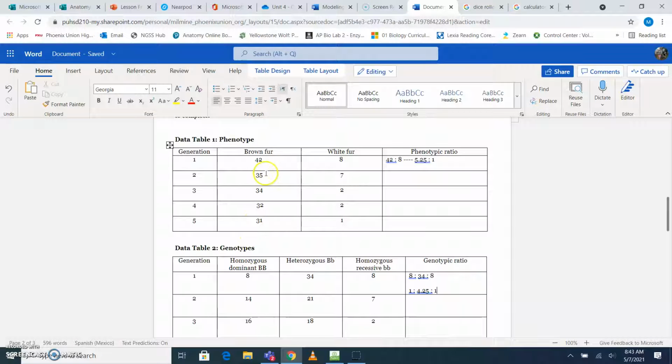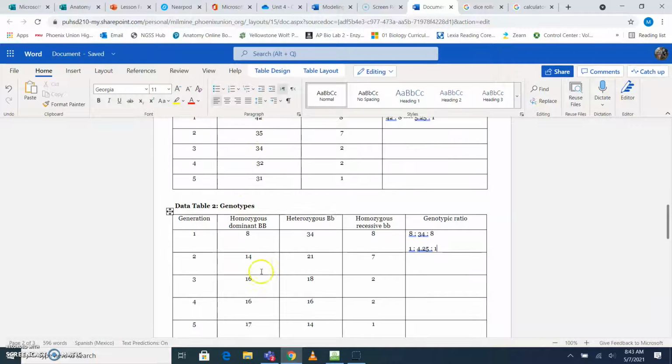So generation 2, I had 14 homozygous dominant mice. So that means that there are a total of, and I'm going to put this in parentheses, 28 dominant Bs, because each of these 14 mice has 2 dominant Bs.